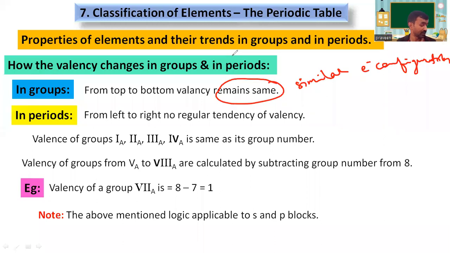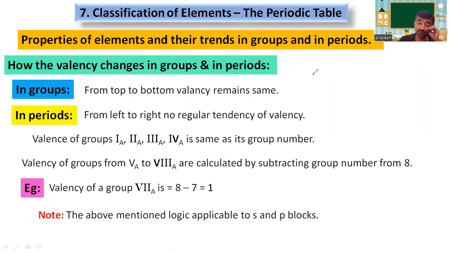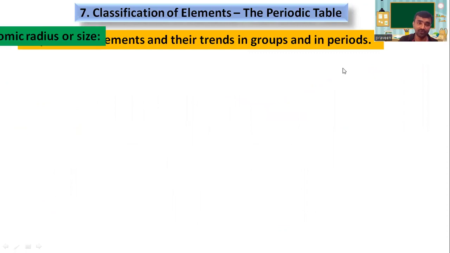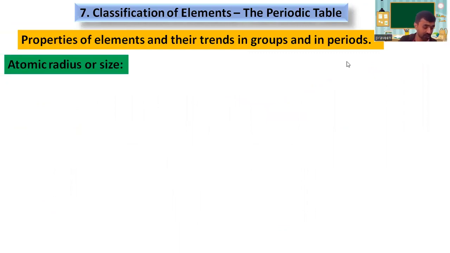So one of the properties we discussed, how it varies in groups and in periods. Next we will discuss atomic size and atomic radius. This is very important to understand.